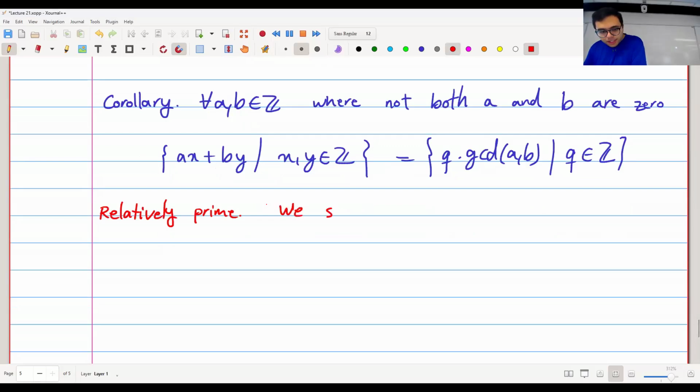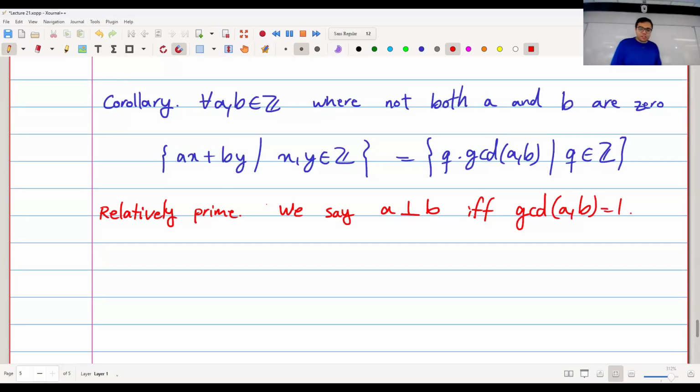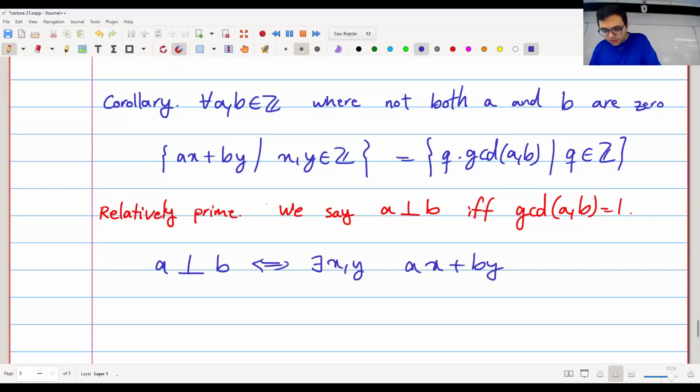We say A is relatively prime to B, and we write it like this, if the GCD of A and B is 1, which immediately gives us another way of defining relatively prime. I can say that A is relatively prime to B if and only if there exist two numbers X and Y such that AX plus BY is equal to 1.